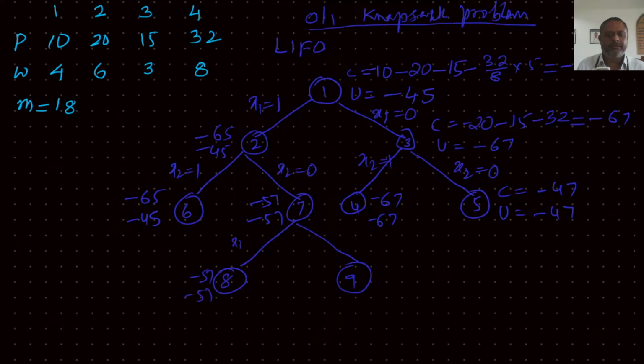This is x3 equal to 1, x3 equal to 0. If x3 is not used, and only x1 and x4 are used, then it makes minus 42. Done. Then who is next? Node 6. From 6, we generate 10 and 11.